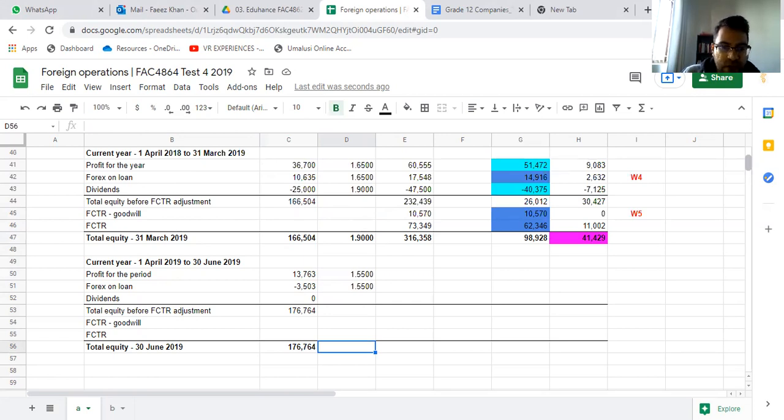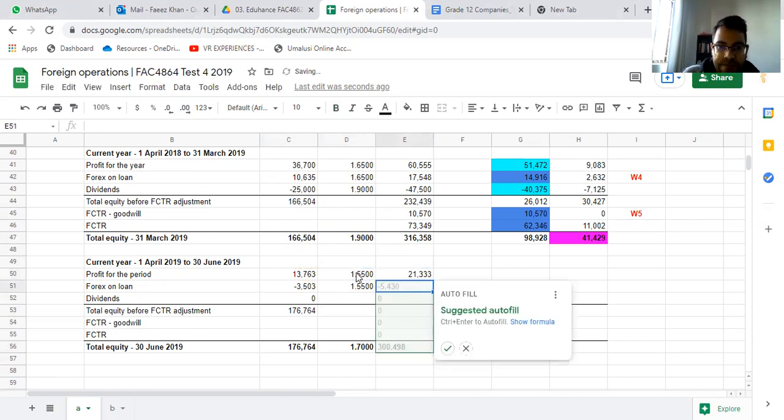Let's have a look. The closing rate at 30th June 2019 was R1.70. Remember we dealt with that earlier, R1.70. Now we can get the total, the 100% ZAR amount. It is simply going to be that multiplied by the exchange rate.